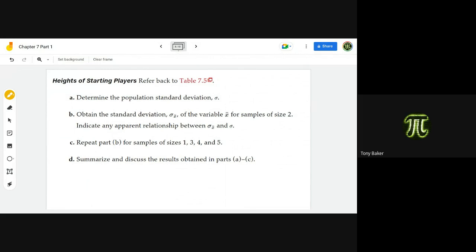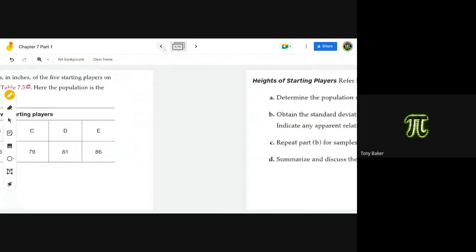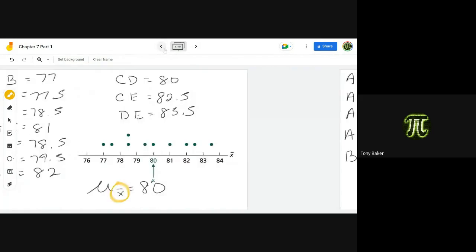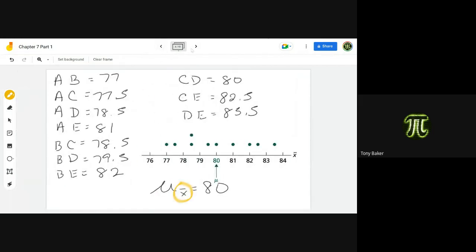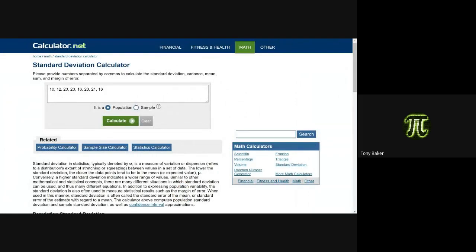I think I used calculator.net before. So what we're going to do is find the standard deviation of those 10 numbers. You should have those 10 numbers written down somewhere on your paper.